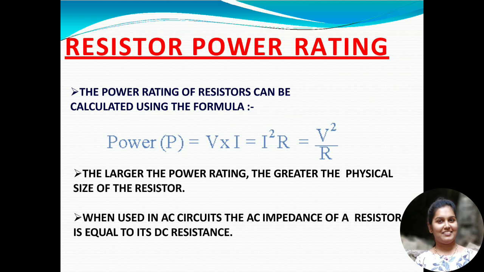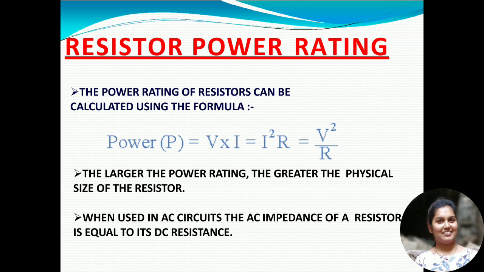Next, coming to the power ratings of a resistor, it can be calculated by the formula given here. The power rating is given as P equals V into I, or otherwise it can be written as I square R, or also as V square by R. The point of discussing the power rating of a resistor is that the larger the power rating, the greater the physical size of the resistor.